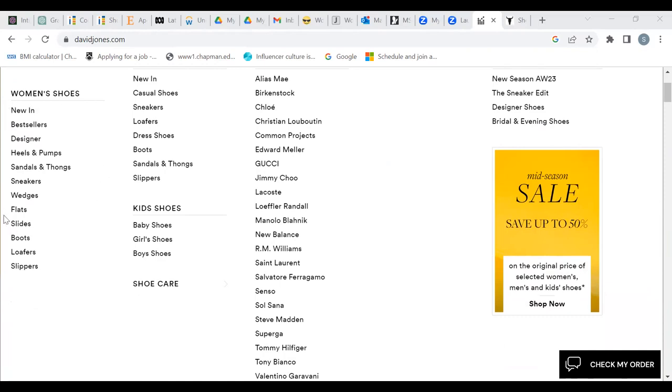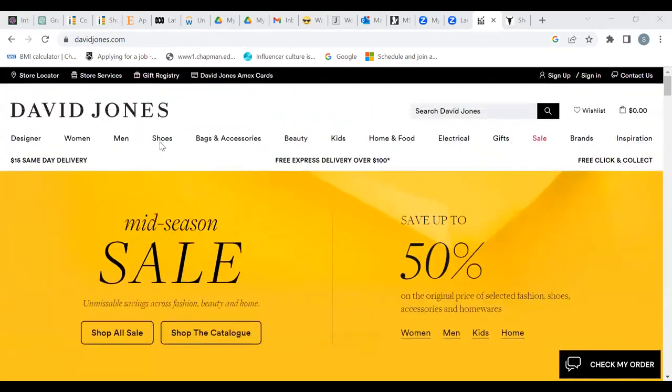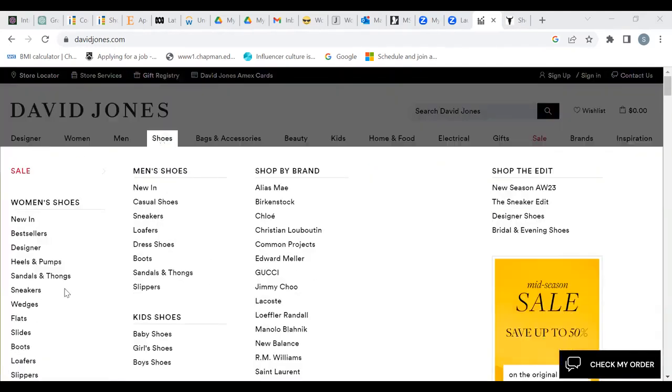Now, how does the store come to a conclusion about what the category names to be displayed on this link should be? That is based on the prior sales. So the stores are always keeping track of the most popular items being bought in David Jones.